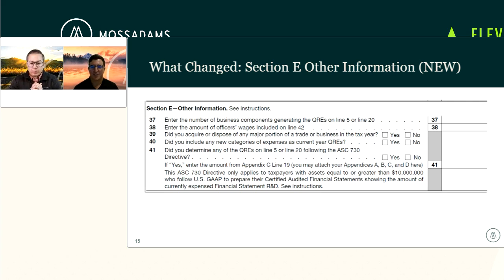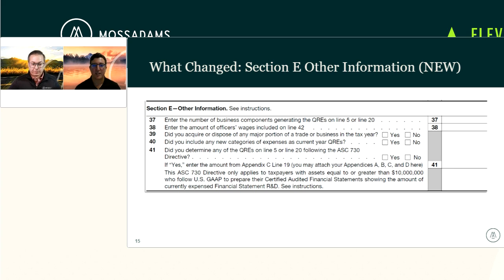The instructions refer to making base adjustments for new categories, so it seems like they would really be intending to find those base adjustment requirements. But you could be including a new category of expenses, depending on how you define it, that didn't exist in prior years that wouldn't have required a base adjustment. So again, hoping to get a little bit more clarity on what this specifically means and how we're defining new categories.